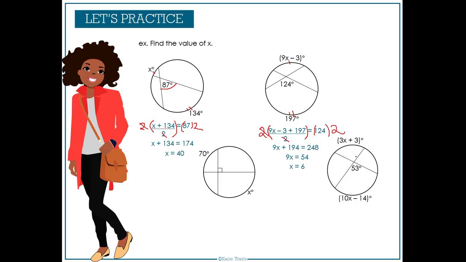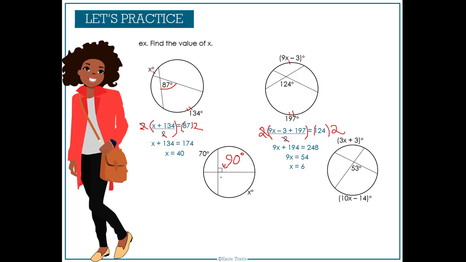All right. This one has a bit more context clues that we got to be aware of. So, first off, we see this symbol. We've seen this symbol all throughout this year. This is the 90-degree symbol. So that means this is a 90-degree angle. Let's remember what happens when we have 2 angles on a straight line.